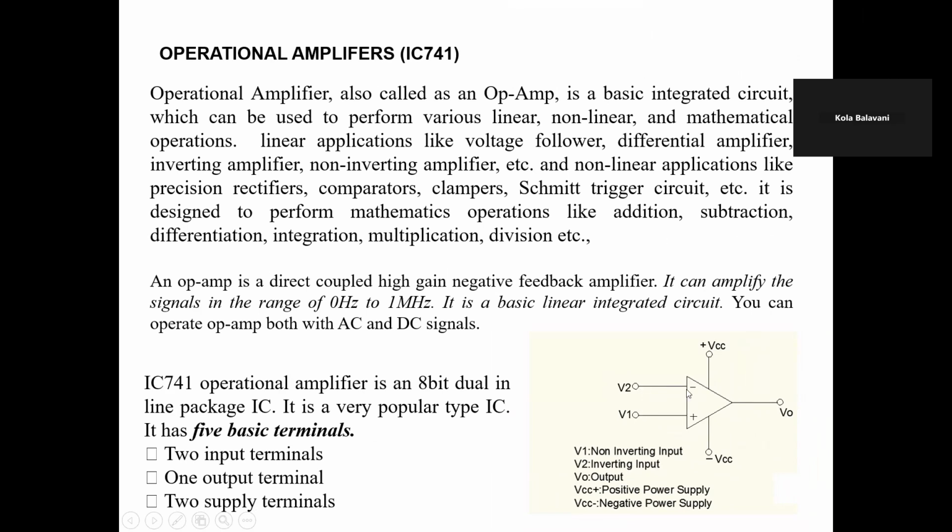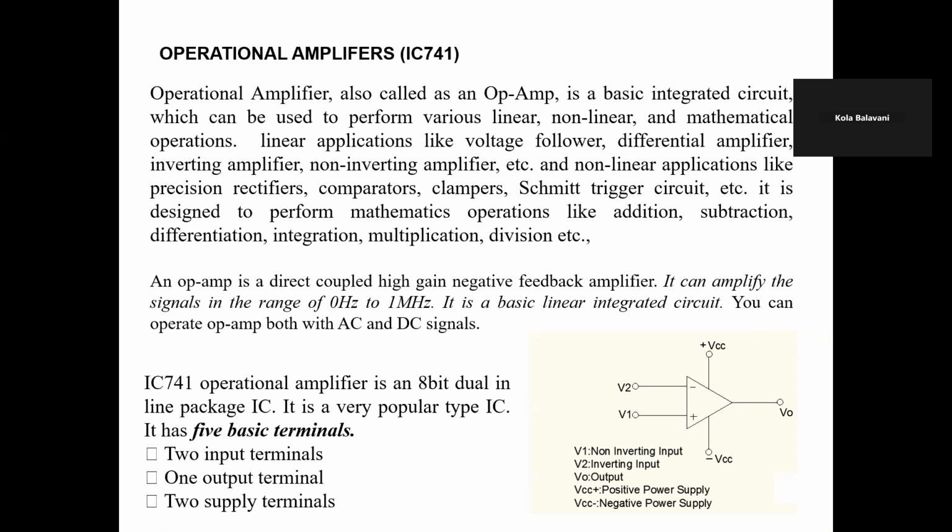If you apply input to the negative terminal, it is called the inverting input terminal. If you apply it to the positive terminal, it is called the non-inverting terminal. Depending upon the input signal, the output may be either in phase or out of phase with the input signal.